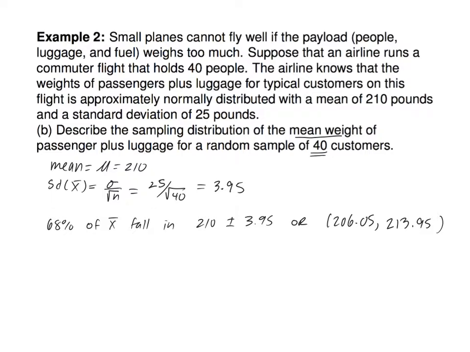That's the average per passenger plus luggage weight in groups of 40. 95% fall in 210 plus or minus 2 times 3.95, which is 202.1 to 217.9. Do your numbers match mine? Yes, okay. And almost everybody falls within plus or minus how many standard deviations? 3.